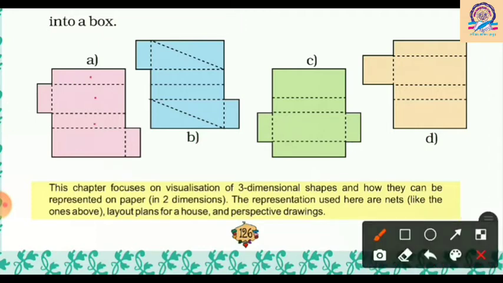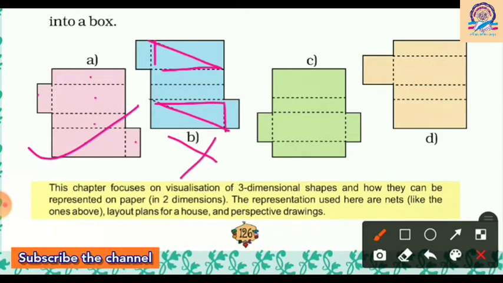A has 6 faces and all are rectangles, so we can turn it into a box. Now for B, as you can see here, it has a triangle, so it cannot be converted into a box.